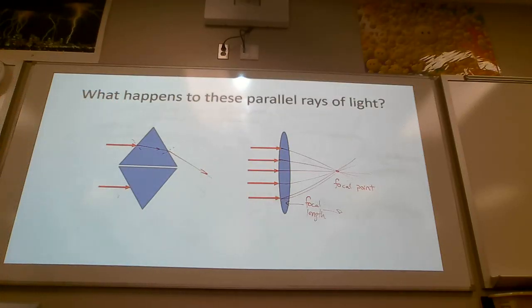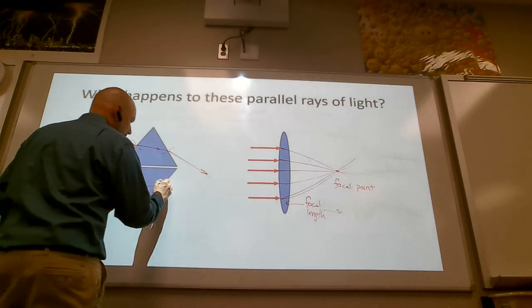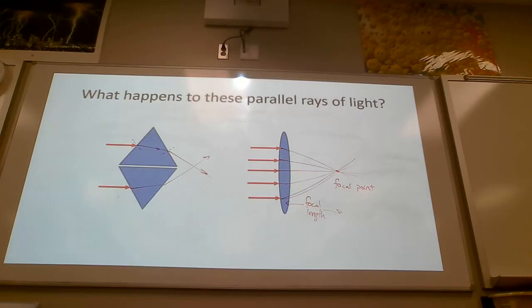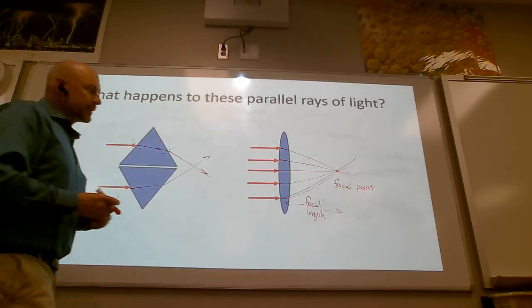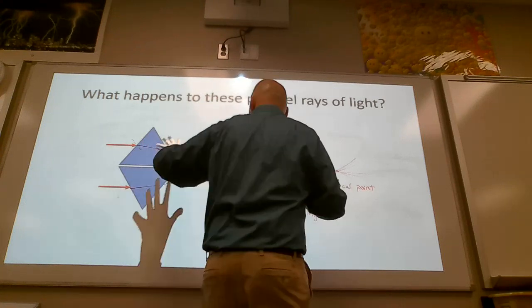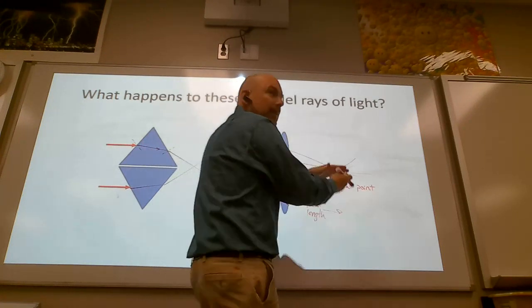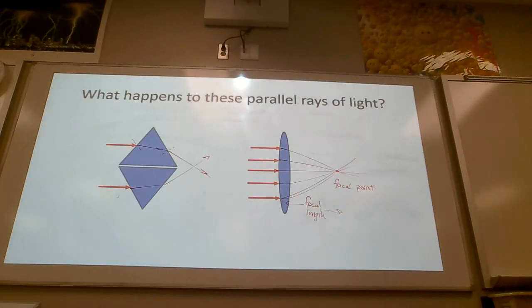Good. Does the same thing on this one. Causes it to bend in. This is happening in a not so abrupt case, but shaped like this causes light to refract to a single point. Good? Okay, focal point.